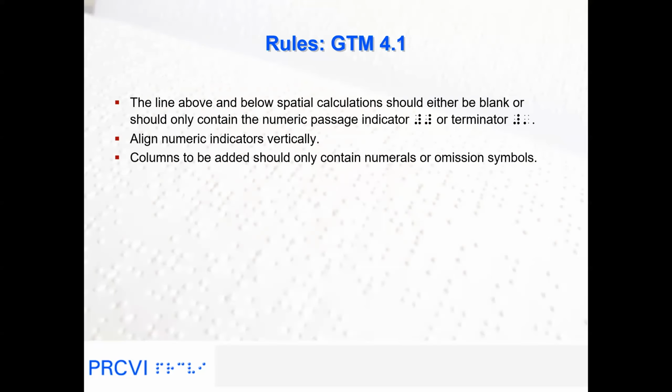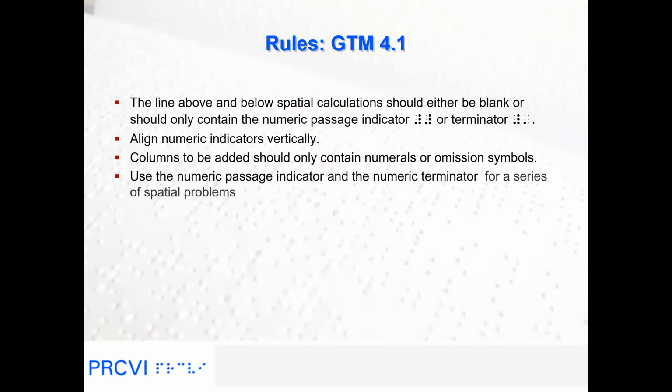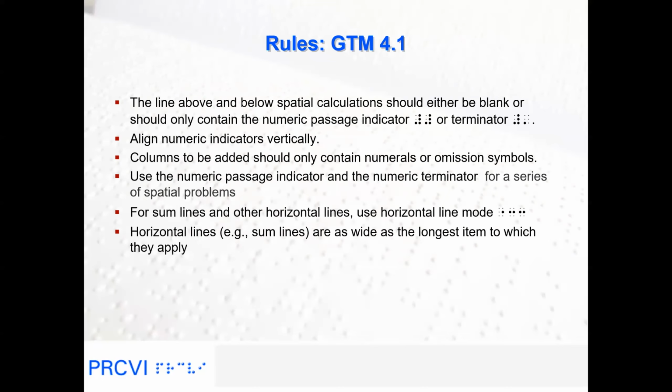Columns to be added should only contain numerals or omission symbols. Use the numeric passage indicator and the numeric terminator for a series of spatial problems. For some lines and other horizontal lines, use horizontal line mode, dots 5, 2525. Horizontal lines are as wide as the longest item to which they apply.